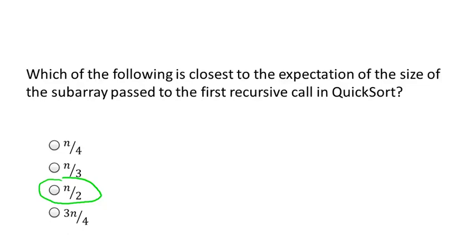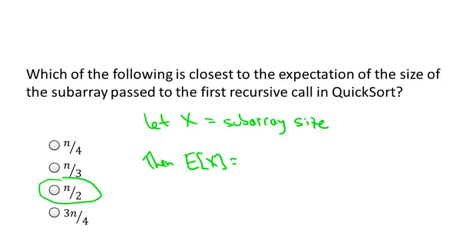So for this problem, I think it's perfectly fine just to compute this using the definition of expectation. So if we let x denote the random variable that we care about, the subarray size, then we can just compute directly by summing over all of the possible outcomes, all of the possible choices of the pivot. So with probability 1 over n, we choose the minimum as the pivot, resulting in 0 elements being passed to the first recursive call.